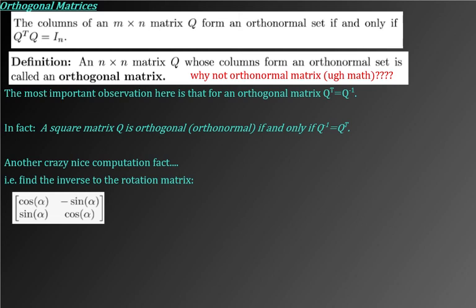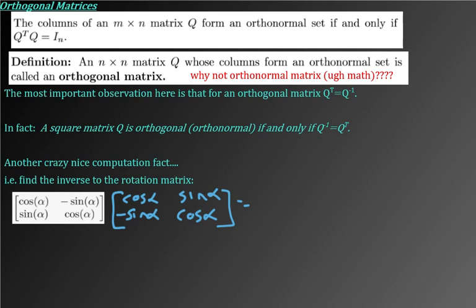So just to show you here, if this is my 2 by 2 rotation matrix, the transpose is just going to be cosine alpha, sine alpha, minus sine alpha, cosine alpha.